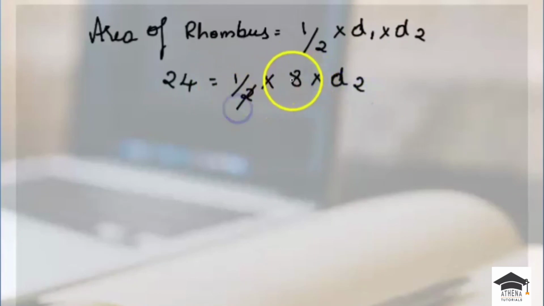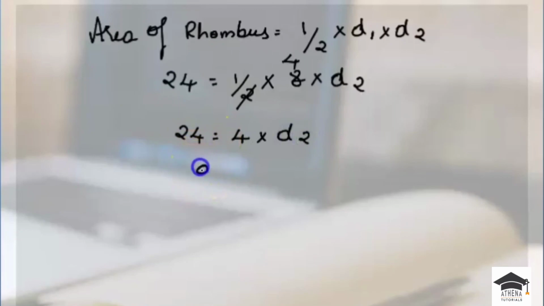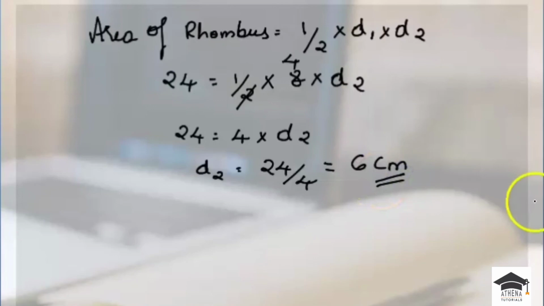So 2 ones are 2, 2 fours are 8. So 24 is equal to 4 into diagonal 2. So diagonal 2 will be equal to 24 by 4, which will be equal to 6 centimeter. So the length of diagonal 2 is 6 centimeter.